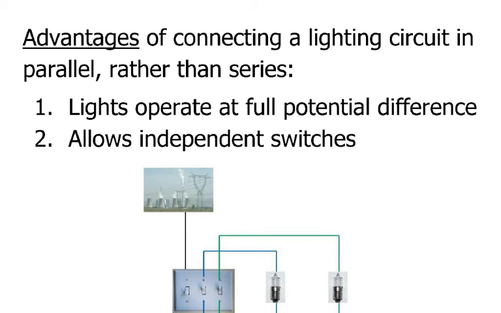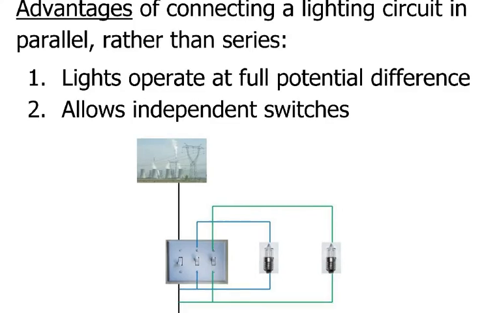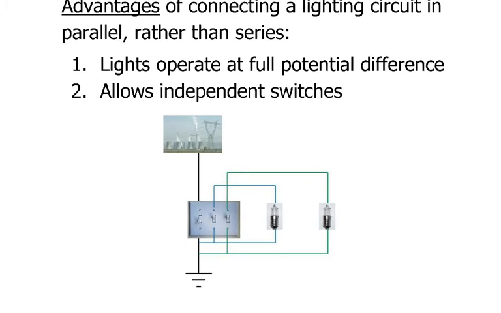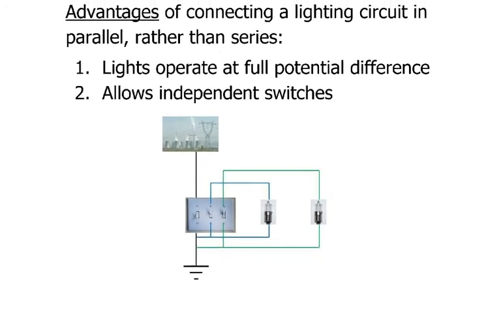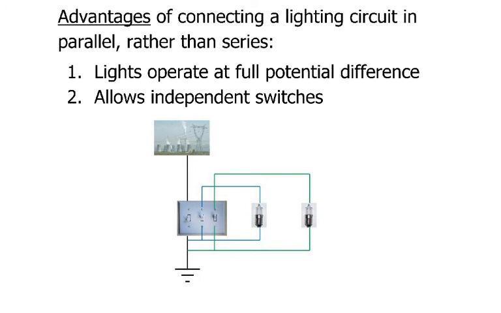All right, so just to reiterate the advantages of connecting lights in parallel rather than in series. First advantage, the lights operate at full potential difference, so whatever their intended volt rating is, that's what they get. So they will operate at full potential difference and they will have full brightness.